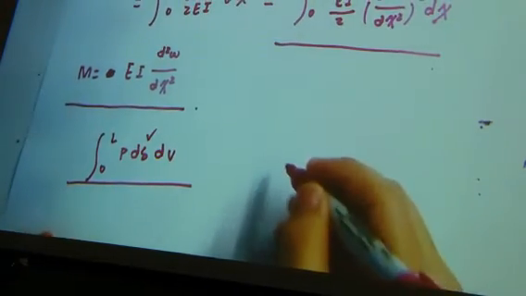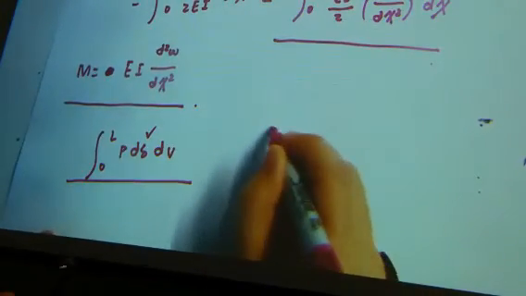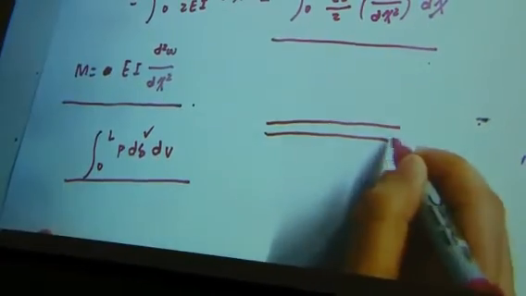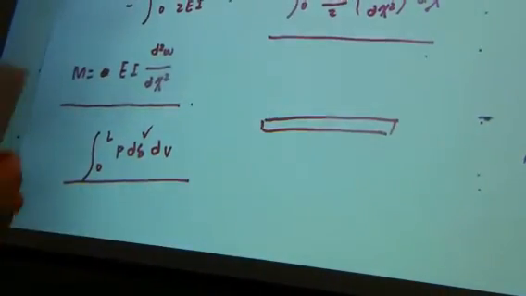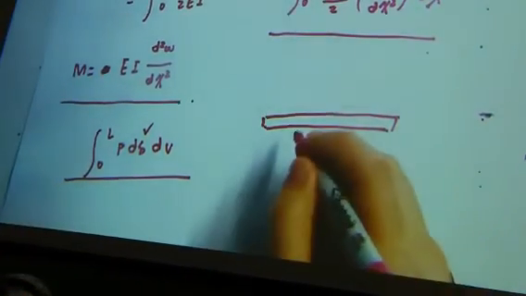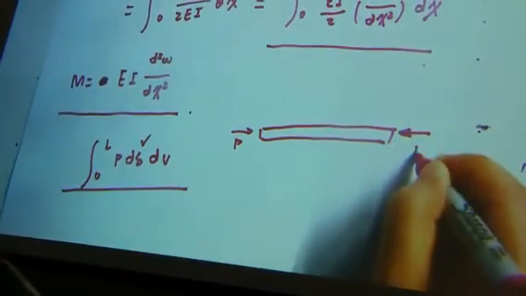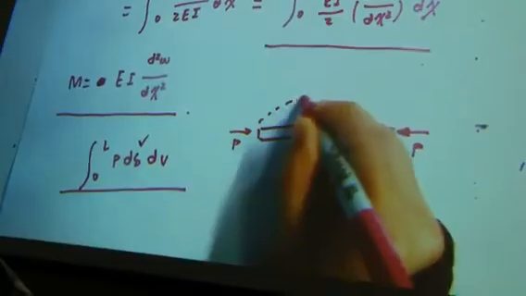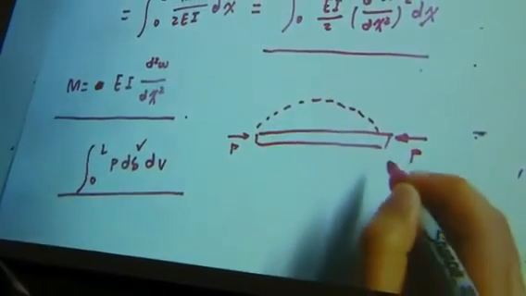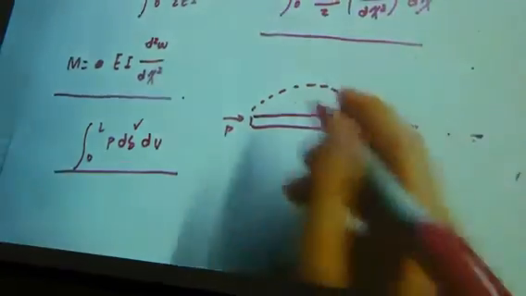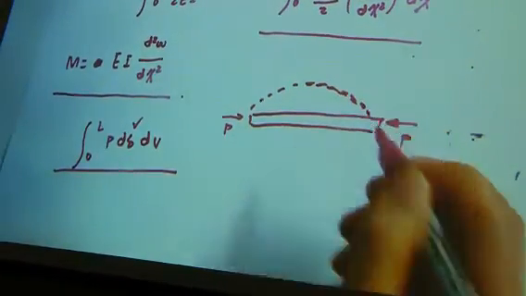So you need to check the geometry of the column. This is the original column. After you apply a loading, it deforms, and probably it will be like this, upwards or downwards. Both of them are possible. So this is the deformed shape.